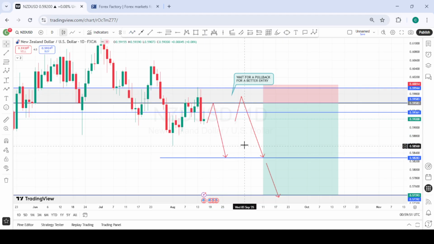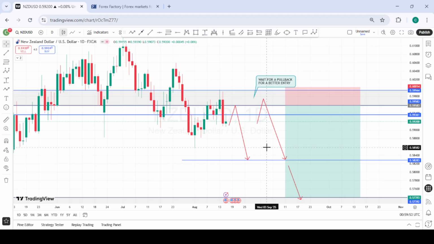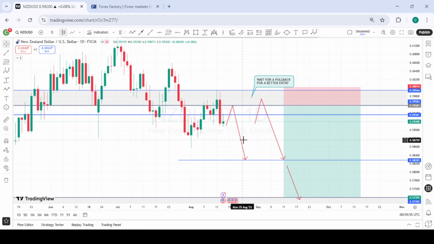So I'm very bearish now on NZDUSD, and for the USD pairs, this pair actually has the cleanest price action for me so far. NZDUSD and USDCAD are the two USD pairs that are giving me clear price action. So I'll be looking forward to sells on the NZDUSD for the coming week.